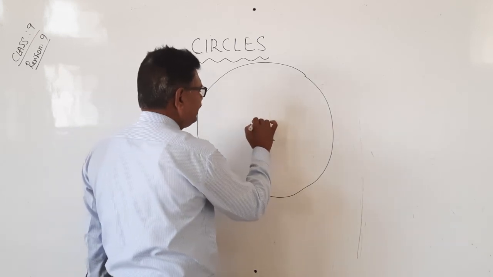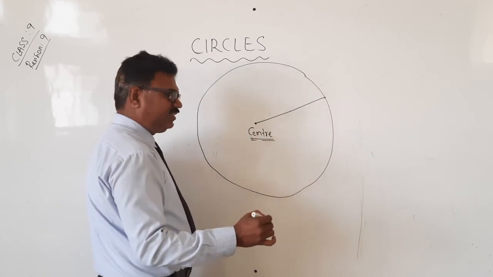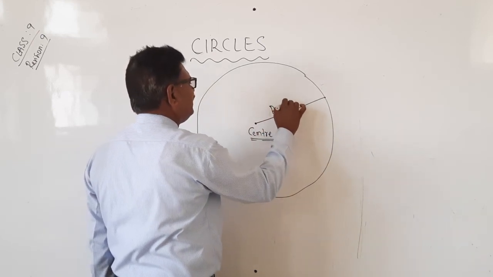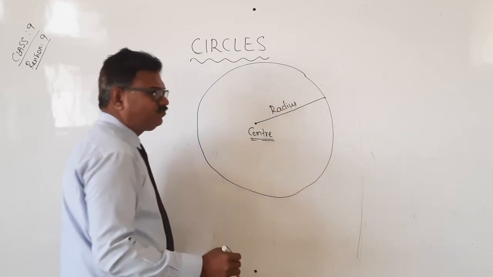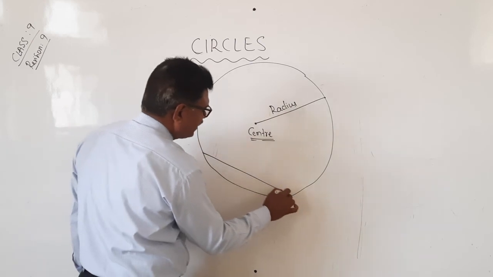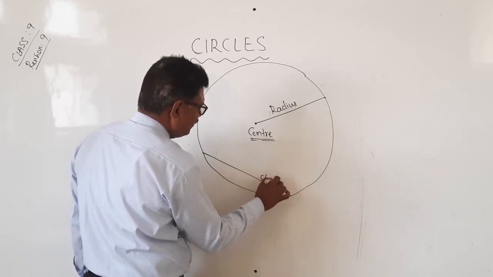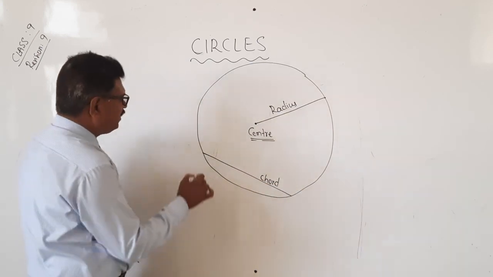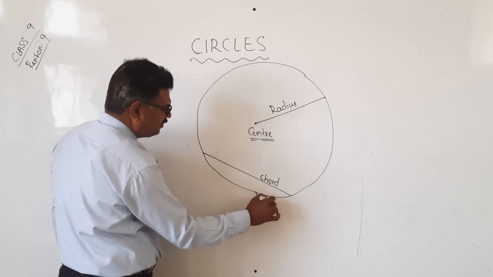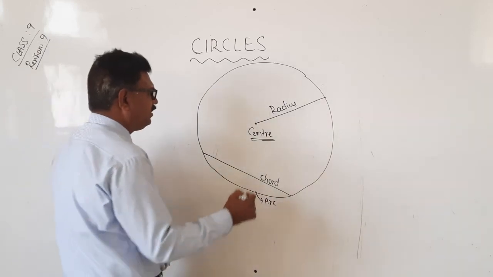The line joining any point on the circle and the center is known as radius. The line joining any two points on the circle is nothing but a chord. The part of a circle is known as an arc.